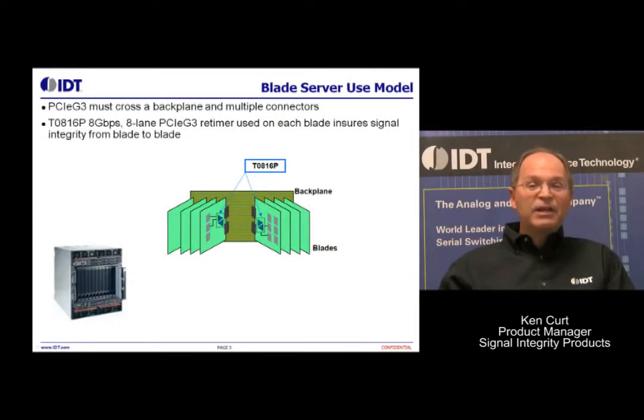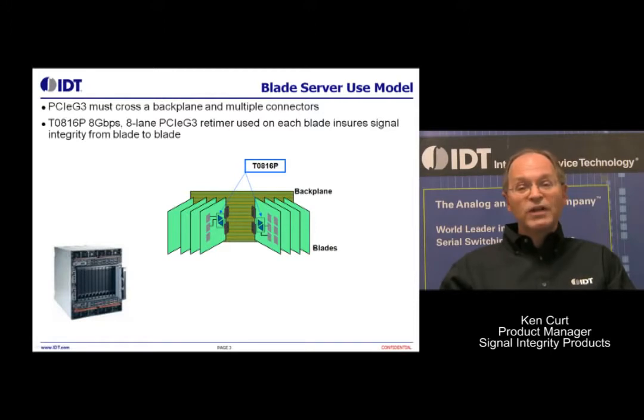Another common application is the use of signal conditioners in blade servers. And this diagram shows the signal conditioner on each of two blades within the chassis. And the purpose of the conditioner is to get this signal across this long backplane, which can be up to 20 inches or even 30 inches of trace when the trace on the blades themselves is considered.